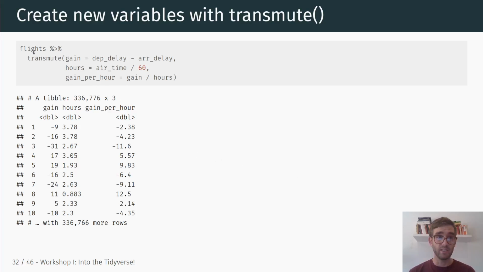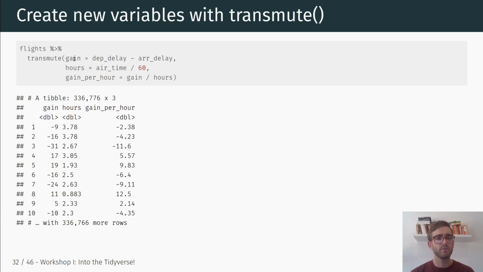So in this command, we again start with flights, pipe this into transmute, and then we create three variables: gain, and hours, which is air time divided by 60, and then gain per hour is equal to gain divided by hours. So how much time they gained per hour on average. And one quick thing to note is that in our transmute call, we can directly include variables that have been created previously in that same transmute command, right?